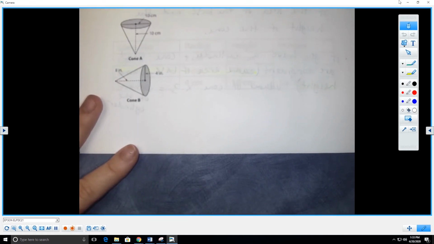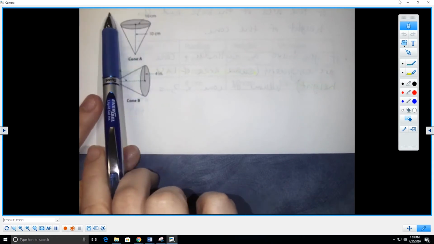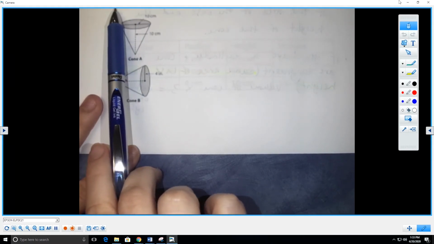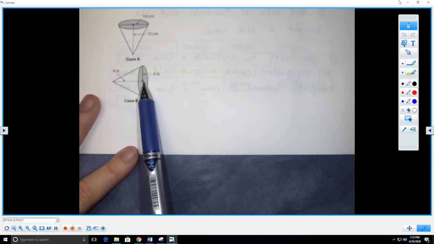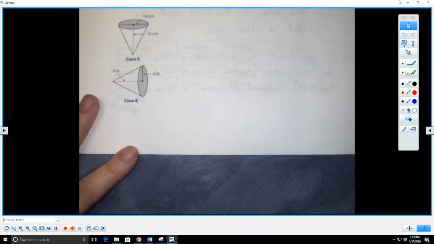Does the diagram of cone A show the diameter or the radius? Right, it shows the diameter because the endpoints are along the circumference of the base. They go all the way through the circle. So that means cone B must be showing the radius. But what is the radius of cone A and how do we find it?